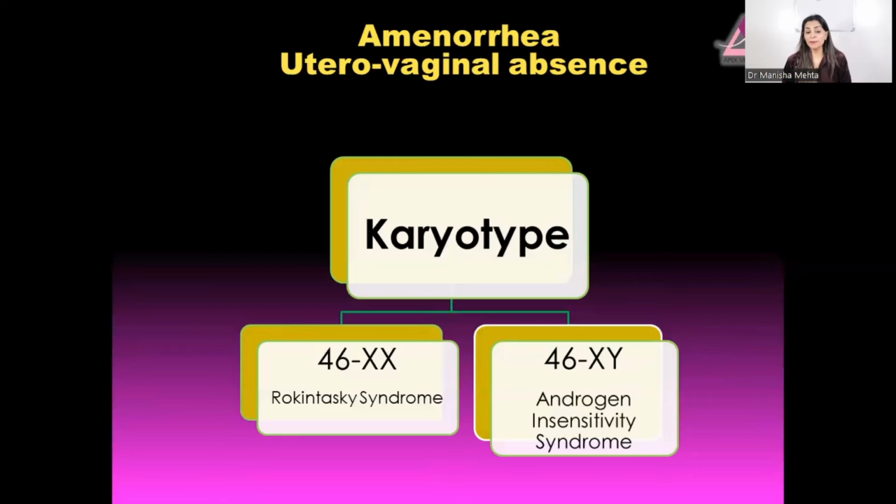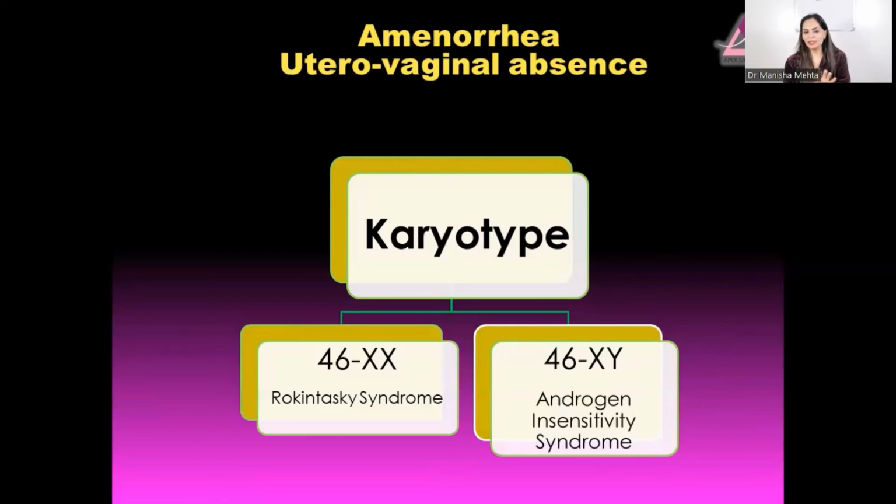So interestingly, the second of the two can produce a baby, by obviously egg donation, but not the first one, because the Rokitansky syndrome patient will never have a uterus. But with the advent of science, probably 10 years down the line, with the uterine transplants going up high, probably even the Rokitansky syndrome patient can think of having her own baby.